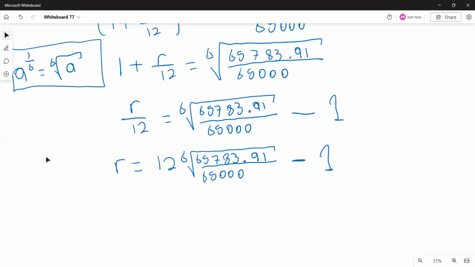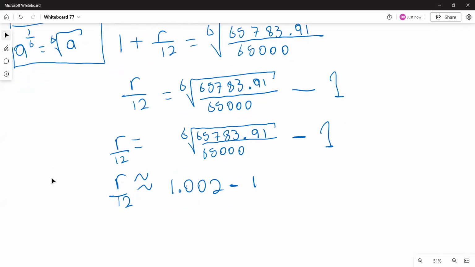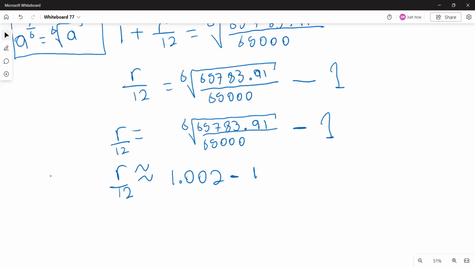So R over 12 is approximately 1.002 minus 1, so R over 12 is approximately 0.002.